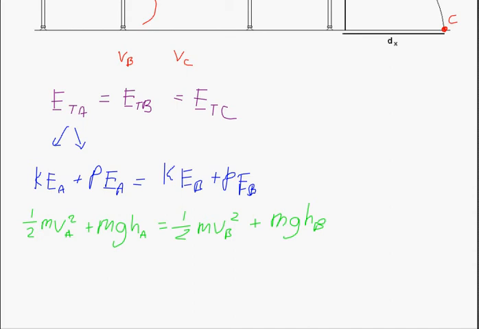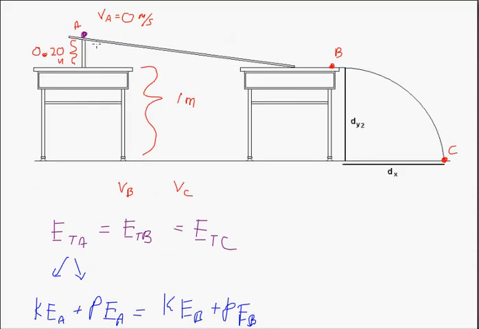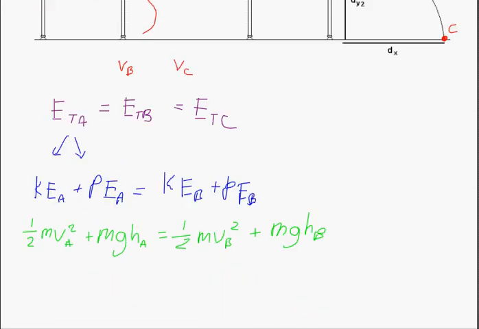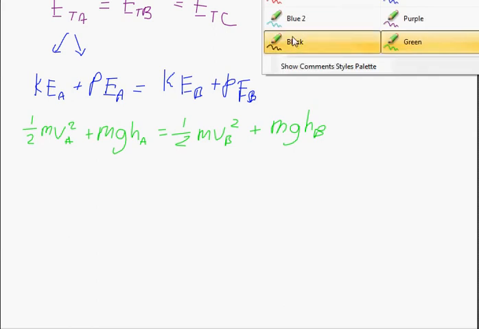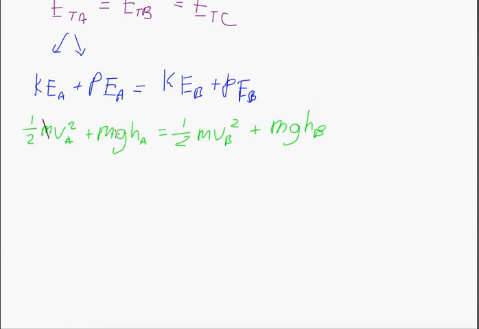The thing to realize about height A is that it's a meter plus 0.2, which gives you 1.2 meters. And I'm going to cancel out all my m's too. Don't forget about doing that. You're left with 1/2.